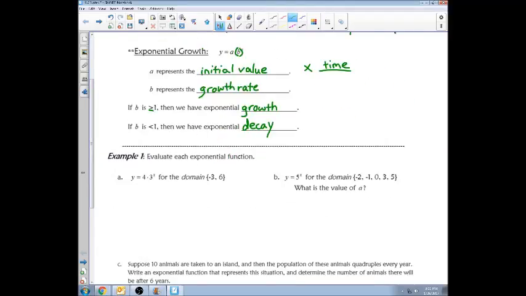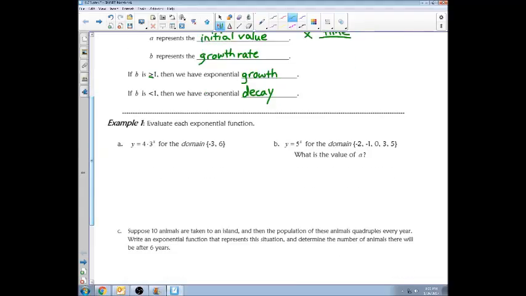Okay? So now we need to evaluate each exponential function. For y equals 4 times 3 raised to the x value, I'm going to put negative 3 in for x. So y equals 4 times 3 raised to the negative third. Remember, I can put that 3 in parentheses, which means the same thing.